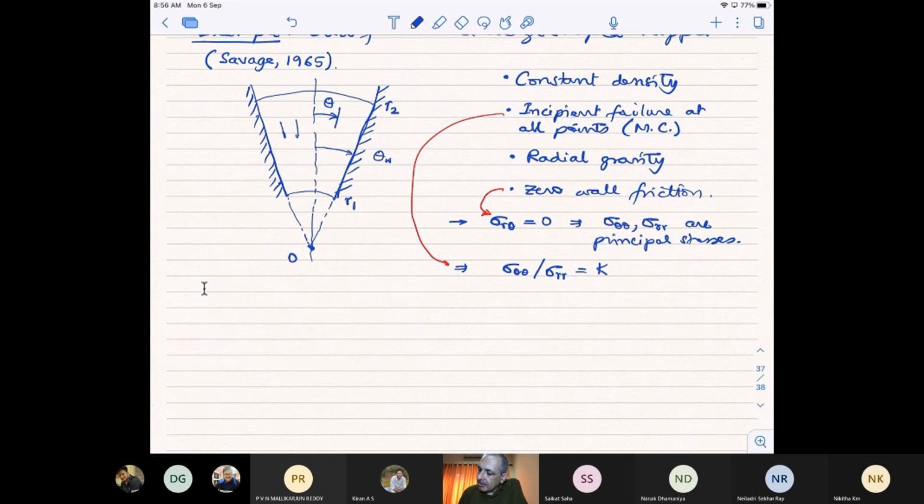So you can see that in some sense we have been able to eliminate some of our stress components. In fact, 2 out of 3 stress components have been eliminated.